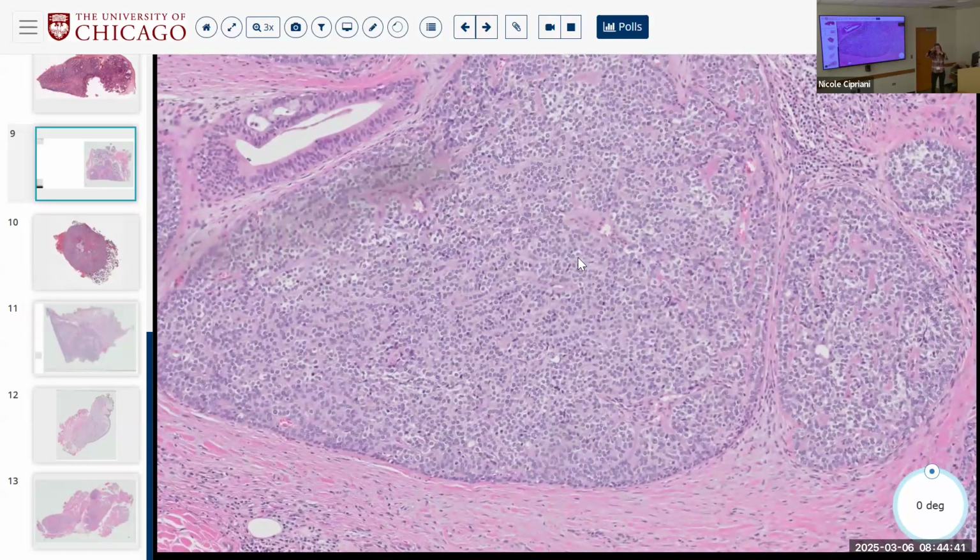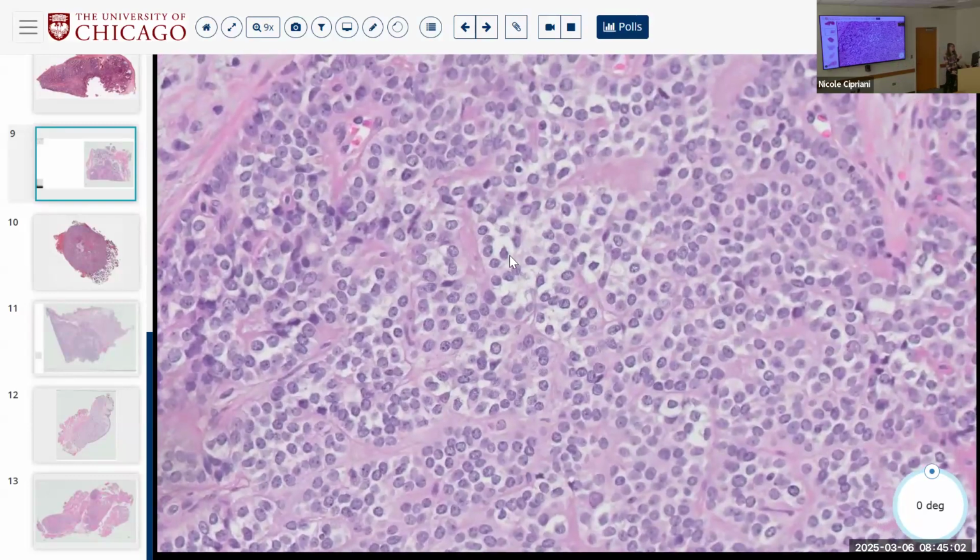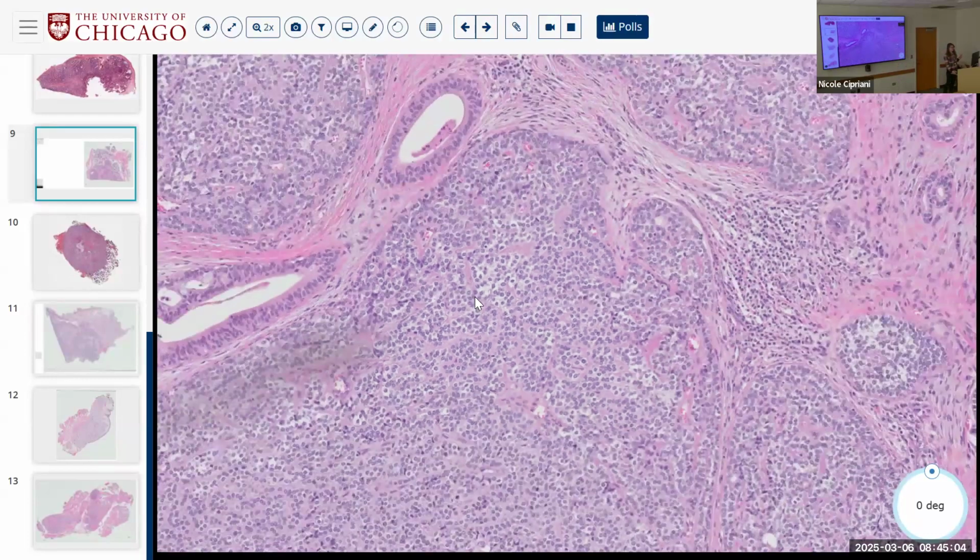Those really intersecting, really basaloid blue on low power. Maybe there's a hint of peripheral cells, but we don't have that nice tall peripheral palisading. We don't have that extremely blue or basaloid architecture, but we do have this very monotonous, very bland kind of clear cell cytomorphology.